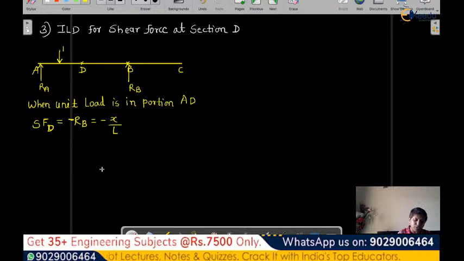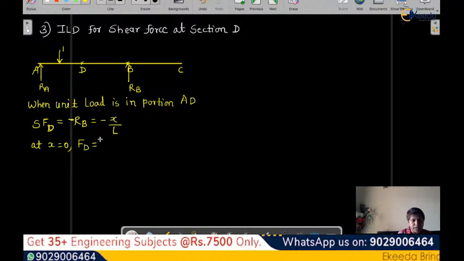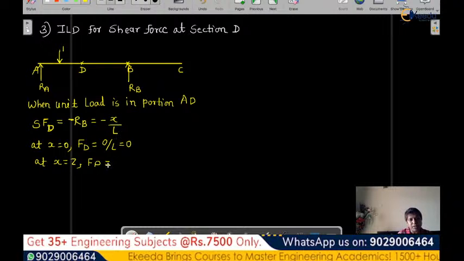So here the unit load is acting over here. Now our x limits we know. At x equal to 0, shear force at D, or F of D, is 0 by L, so it is 0. And when x equal to z, then x is simply replaced by z, because this distance till the point D is z, as in our first diagram.